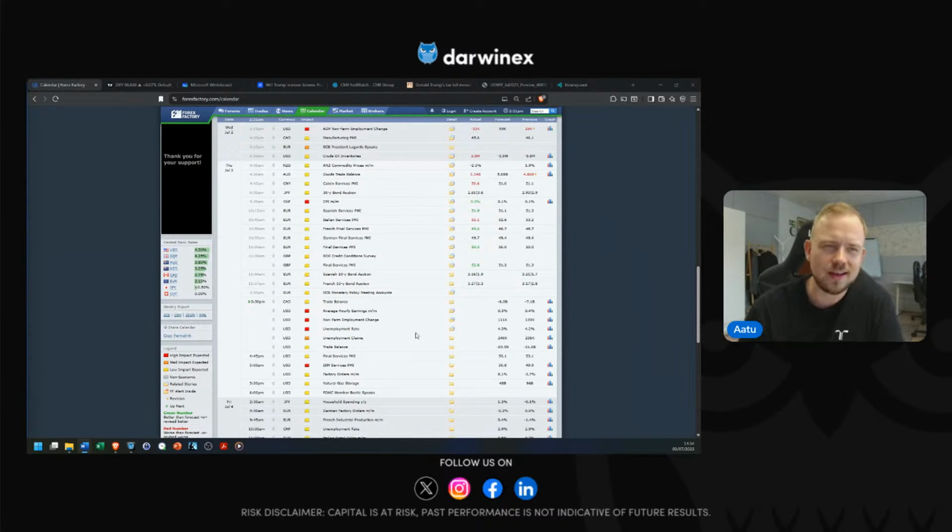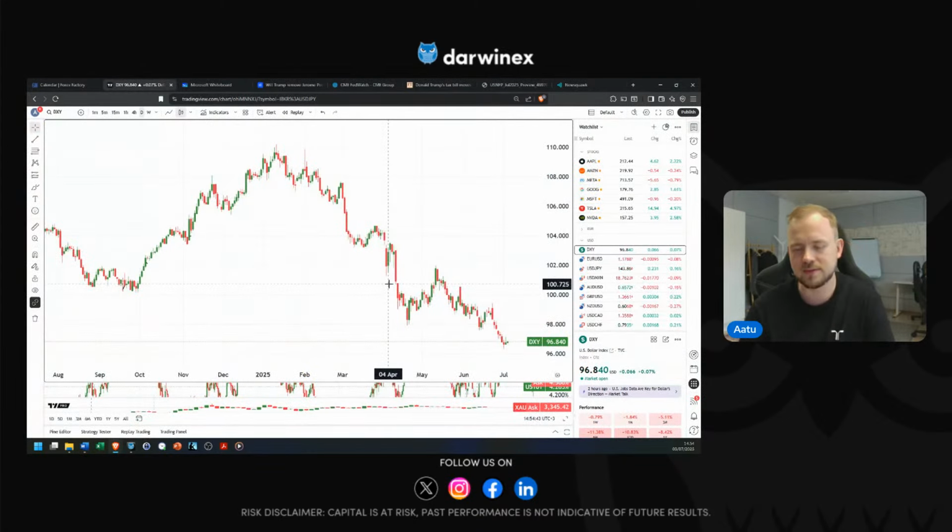We also have Trump's big beautiful bill vote. I'm not sure if it's passed already, but the probabilities stand around 85-90%. That's obviously been a dollar negative, stock market positive. So increased fiscal deficits, if we take a look at the charts at the moment, are not a great thing for the dollar.